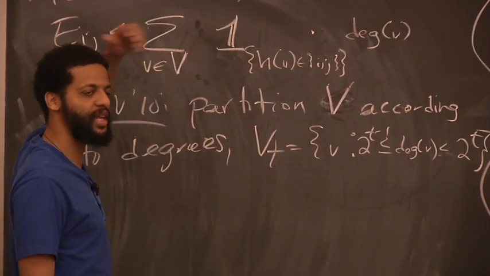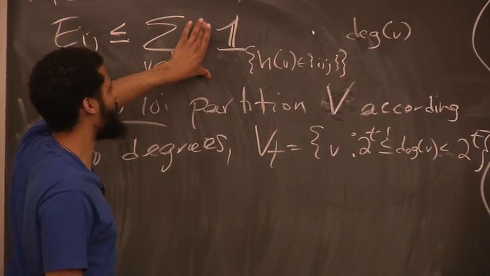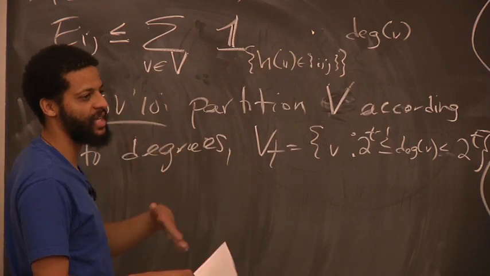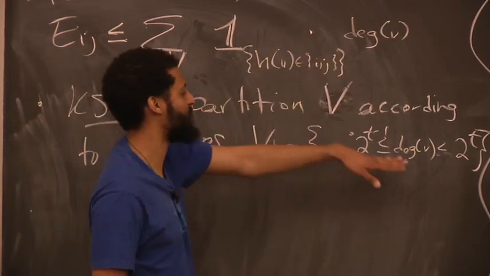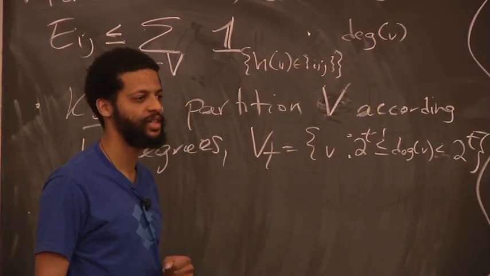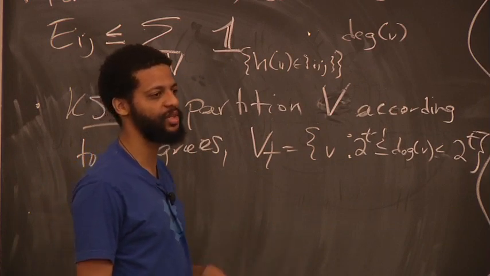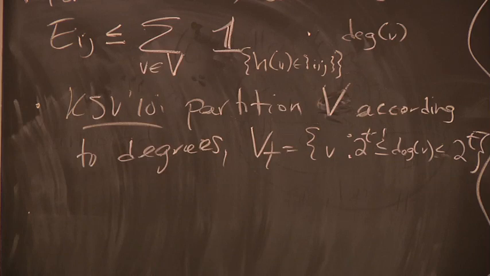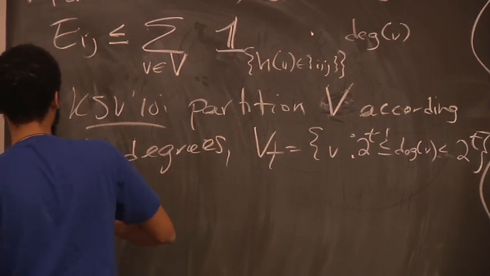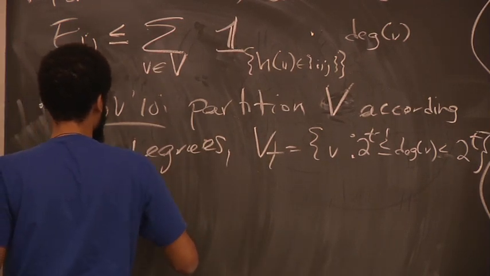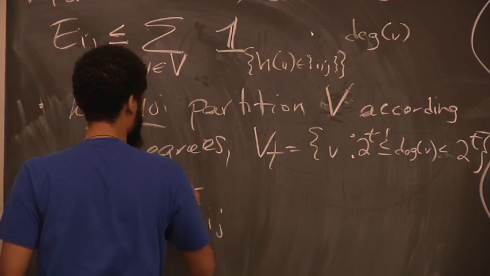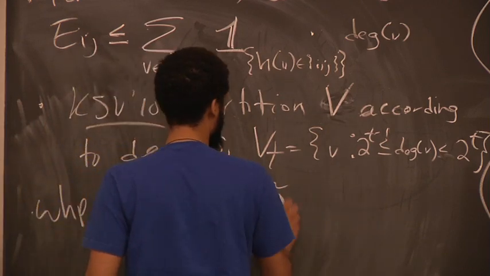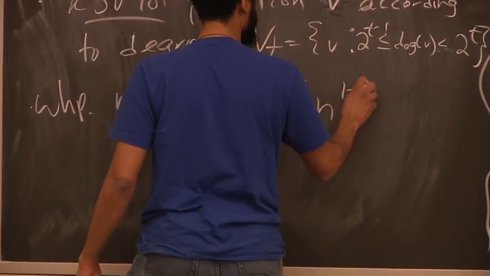Within a particular V_t, all the summands are bounded by similar things, right? The degree of v is basically all the same up to a constant factor, so you're not losing too much by using the Chernoff bound now. At the end of the day, they show that with high probability, the max of E_ij is O tilde up to a log n to the 1 plus c over 2.